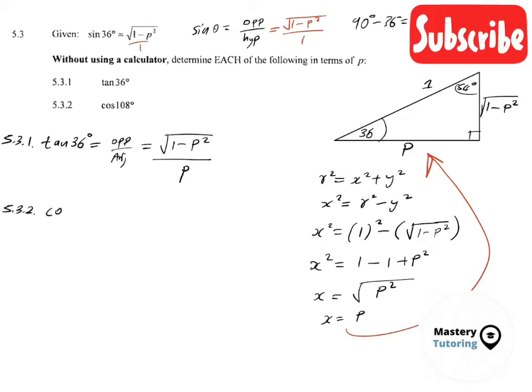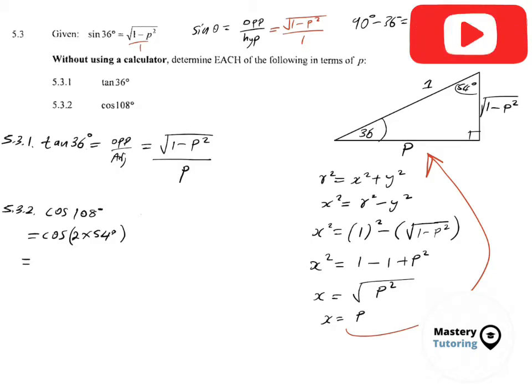Moving on to 5.3.2. So we have cos 108. Cos 108 can be written as cos of 2 times 54 degrees, because 54 times 2 is 108. This is a double angle identity.